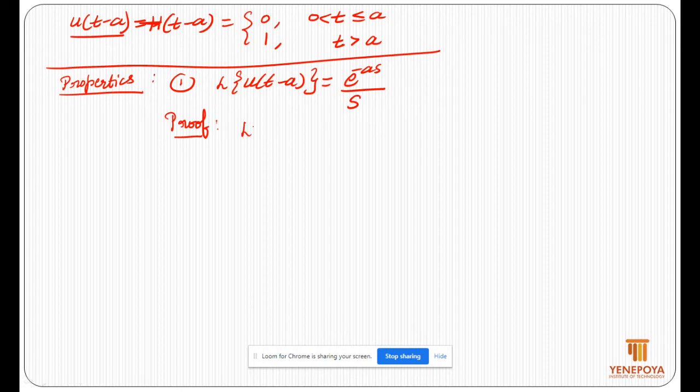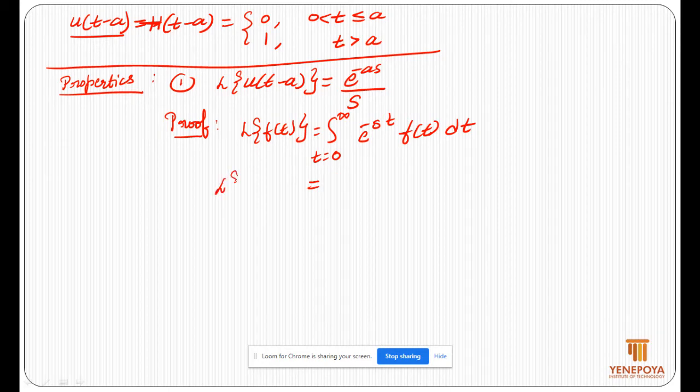The Laplace transform of f of t is the integration from t equals 0 to infinity of e power minus st f of t dt. So we want the Laplace transform of u of t minus a. Just remember the formula: the Laplace transform of u of t minus a is e power minus as divided by s. I am just deriving this formula.